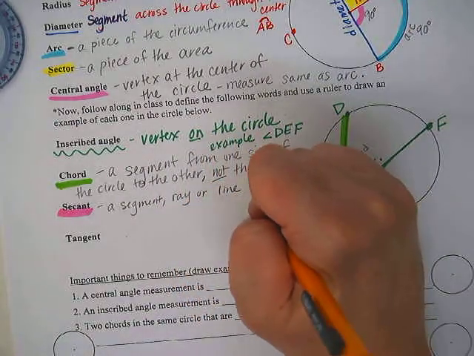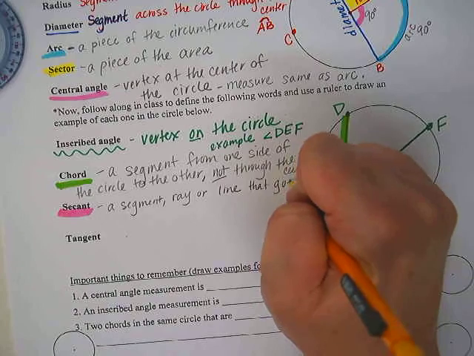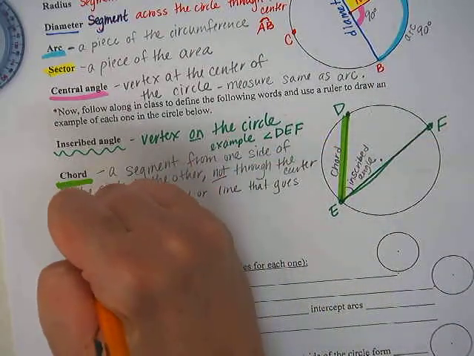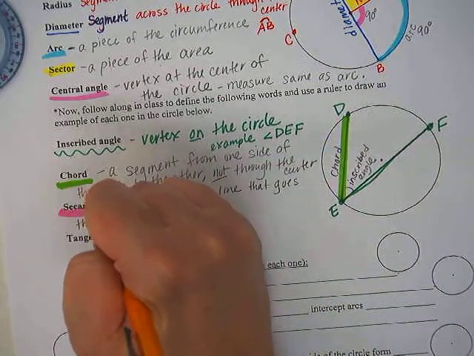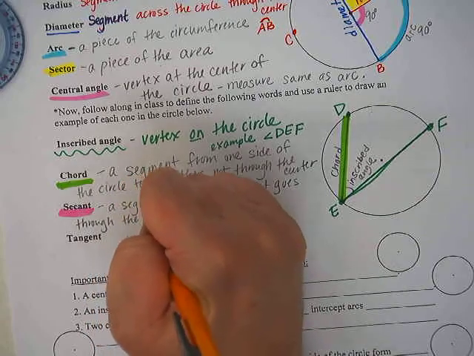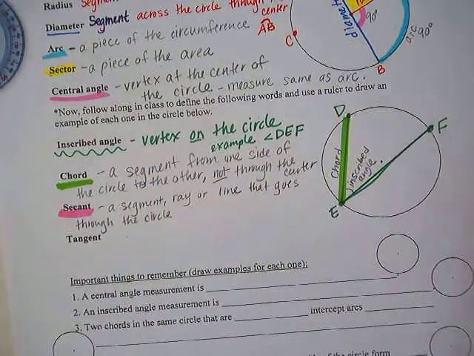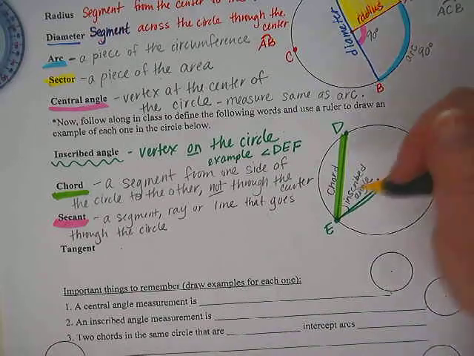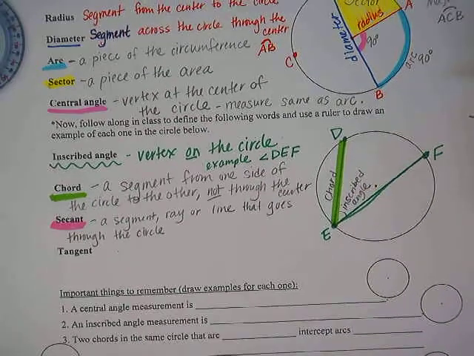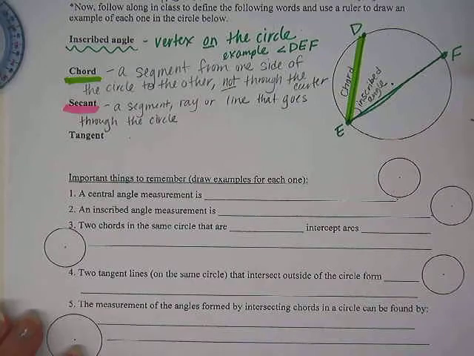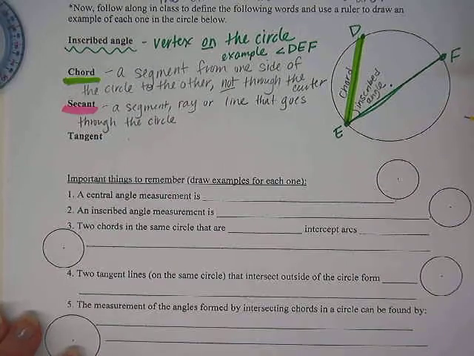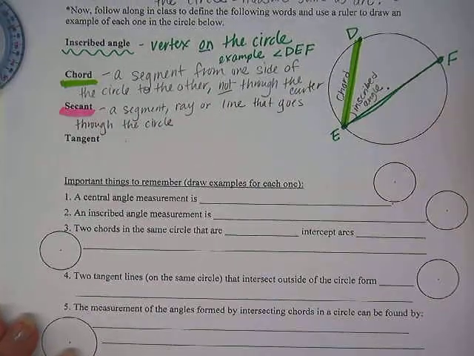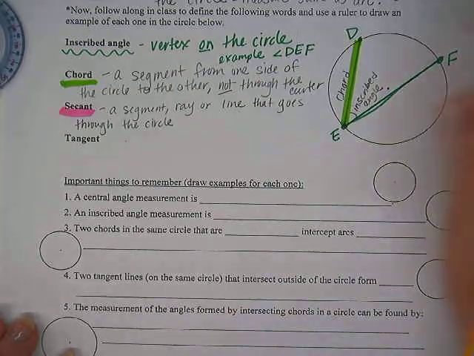A secant is a segment, ray, or line that goes through the circle and past the edge of it.